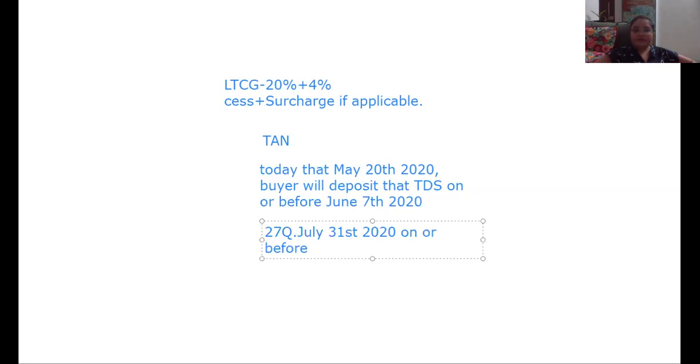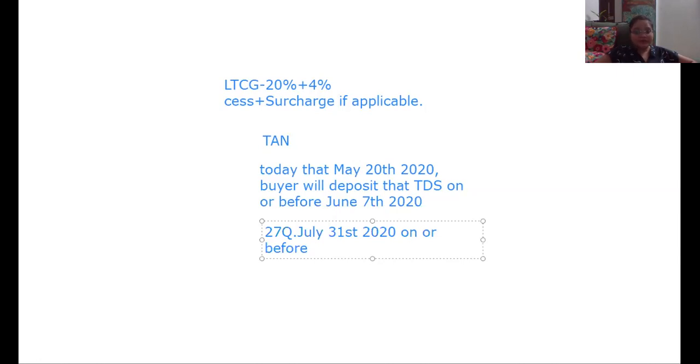And how to calculate that indexed cost of acquisition? To calculate that, the cost of acquisition should be multiplied by the cost inflation index, which is provided by the income tax department every year.